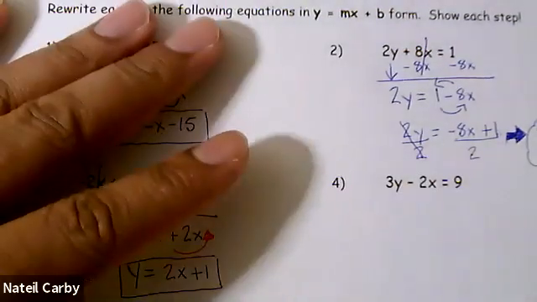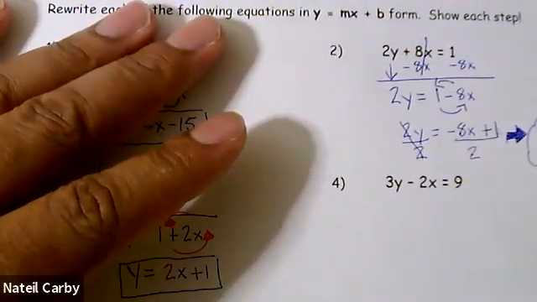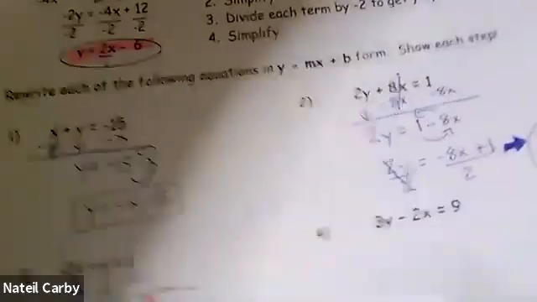All right, cool. Moving on to systems now. So when we talk about systems, that means we're trying to find the point of intersection. Right.